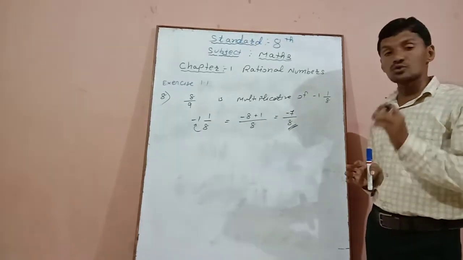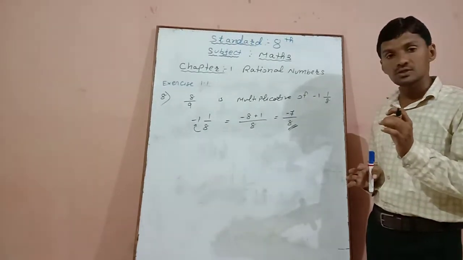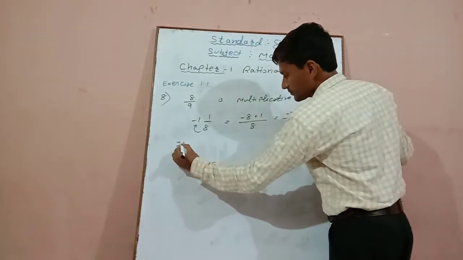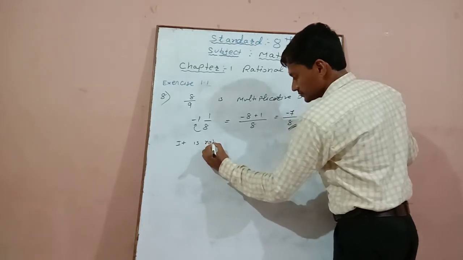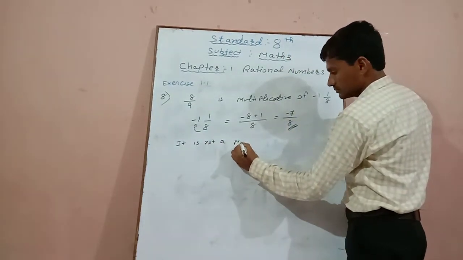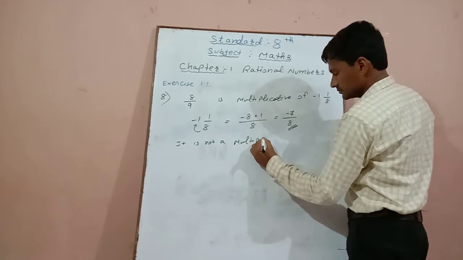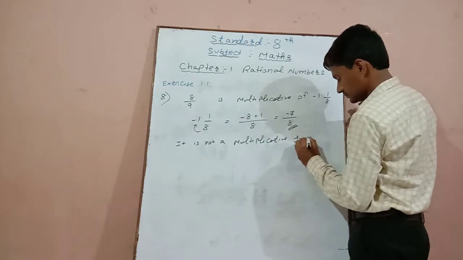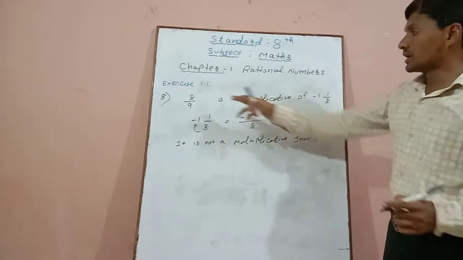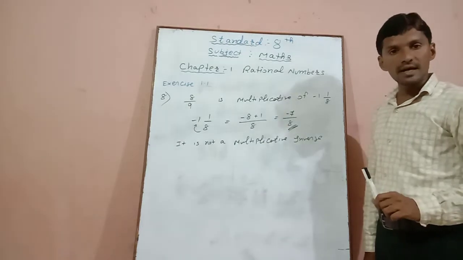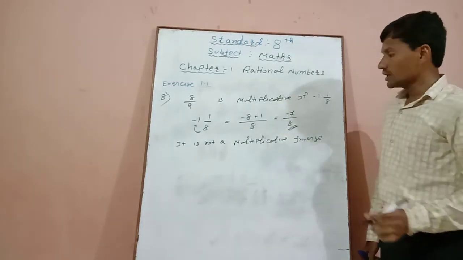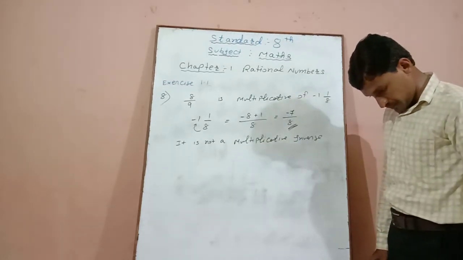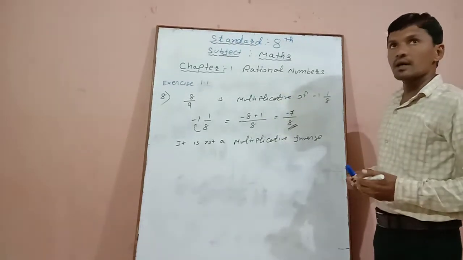So it is not a multiplicative inverse. Why? Because the multiplicative inverse of 8 divided by 9 is 9 divided by 8, not 7 divided by 8. Okay, this is question number 8. Now question number 9.